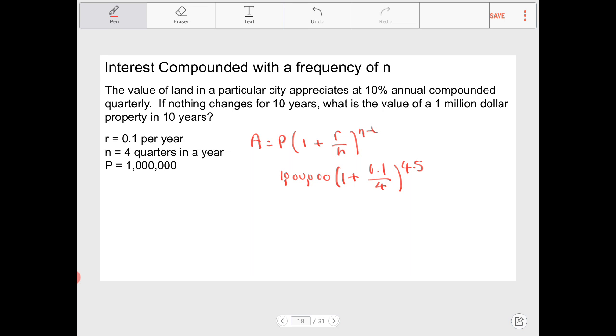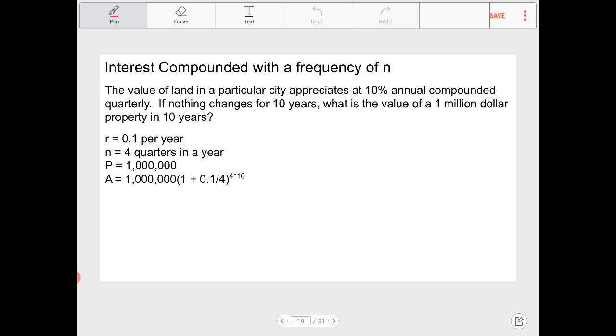So what this translates to is roughly close to $2.7 million in 10 years, which actually kind of sounds about right. The rate of inflation and the value of property appreciating, looking at New York City, does sound rather close to reality.